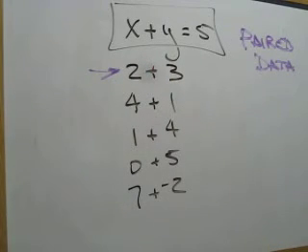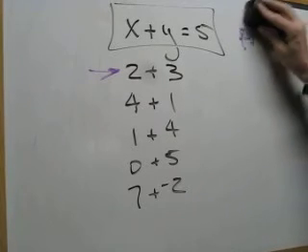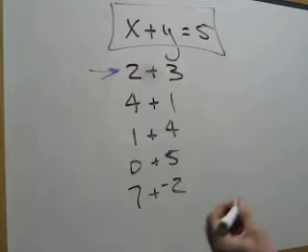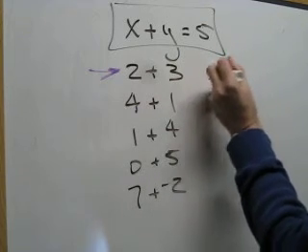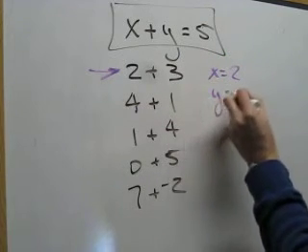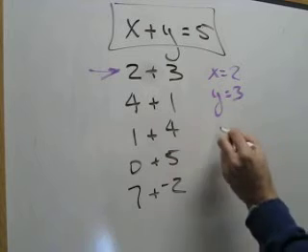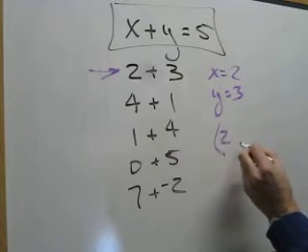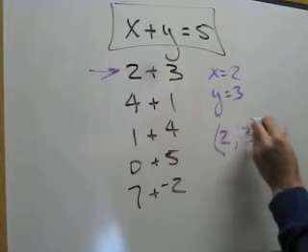Alright, when dealing with an x and a y, what we usually do when we pair those is, instead of saying x equals 2 and y equals 3, we usually write it in parentheses, our x term first, comma, our y term.